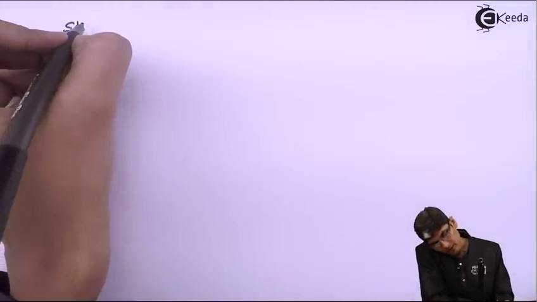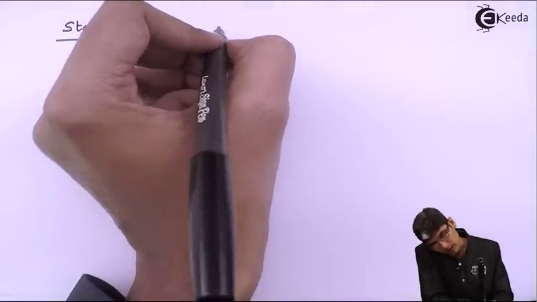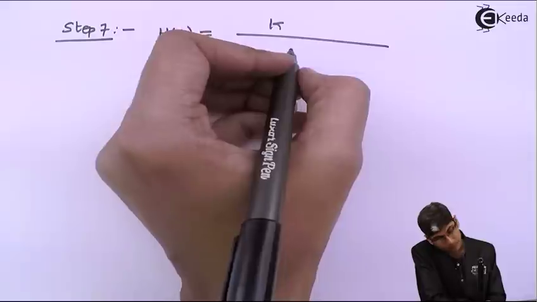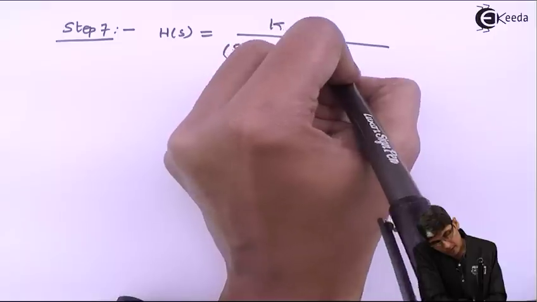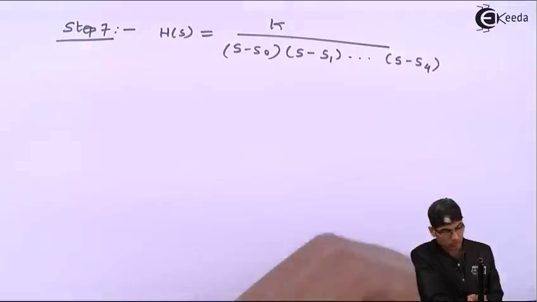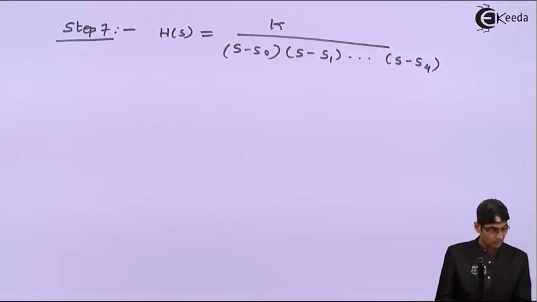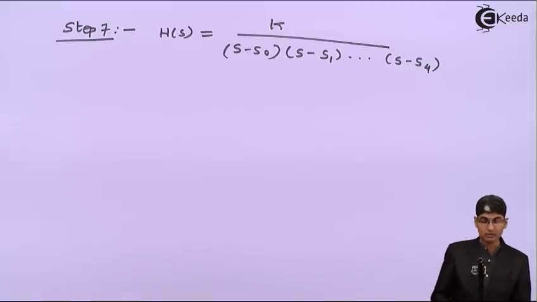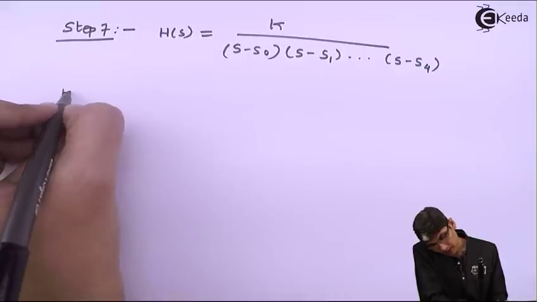Let us go ahead and form the transfer function. So step 7 is the transfer function. So H of s is equal to K upon, okay, s minus s0 into s minus s1, and so on till s minus s4 for us, because we have started from 0. Now with this, let us substitute.